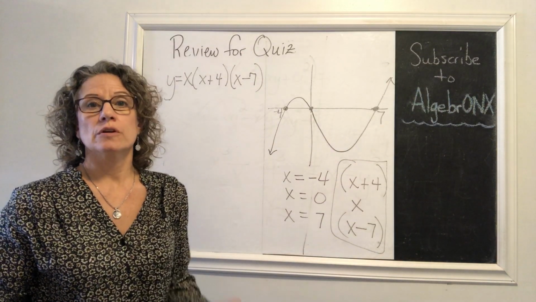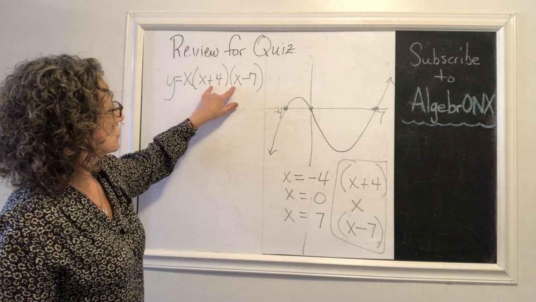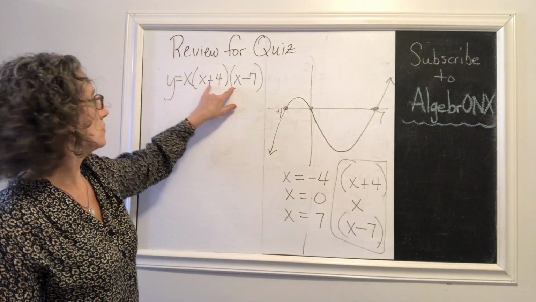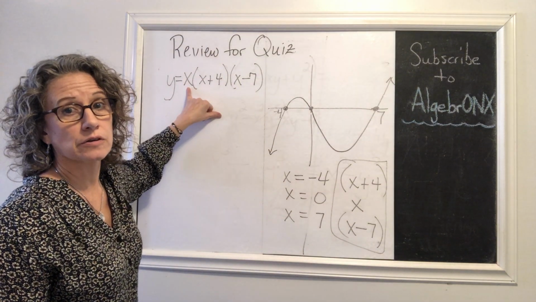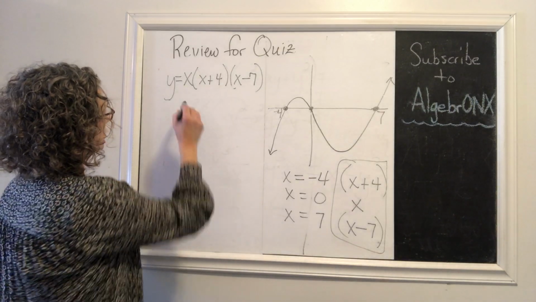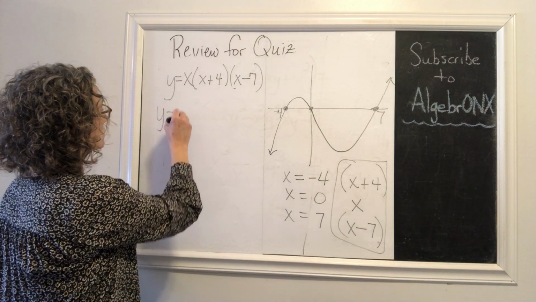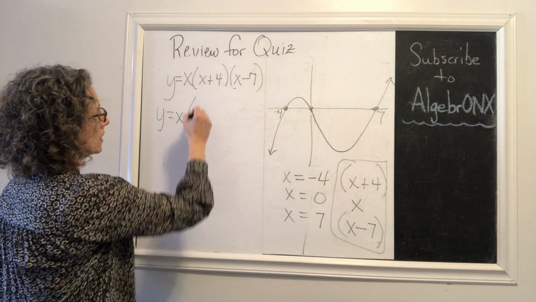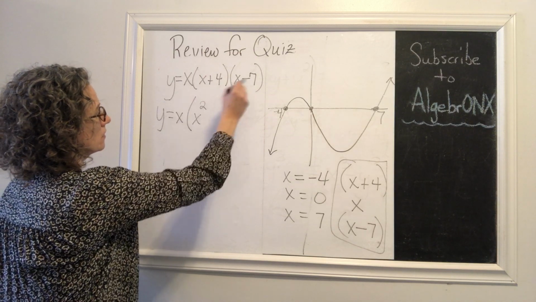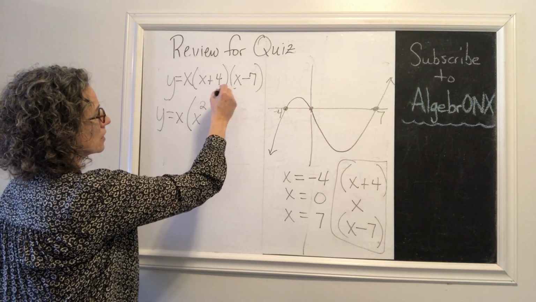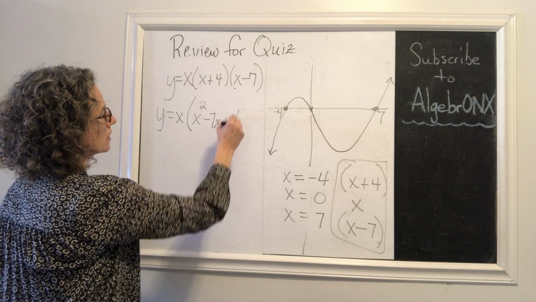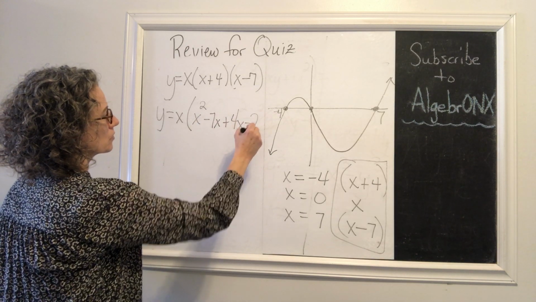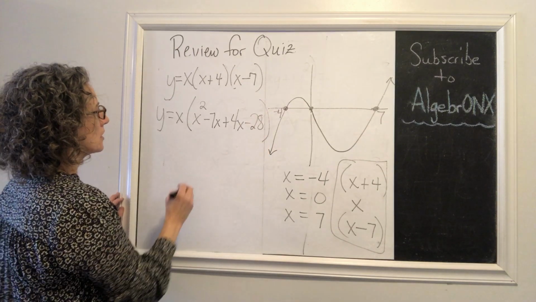Now I'm going to double distribute my binomials and then distribute the x in at the end, which will be easier. So y equals x times x squared, negative 7x and 4x give me a combination of negative 3x, and minus 28. Let's clean that up.